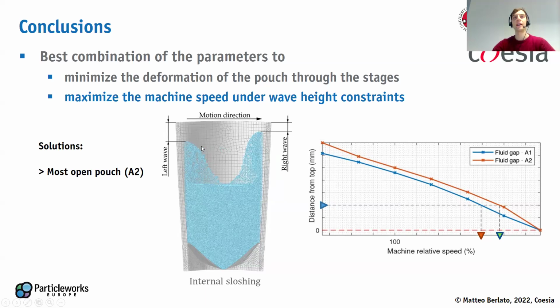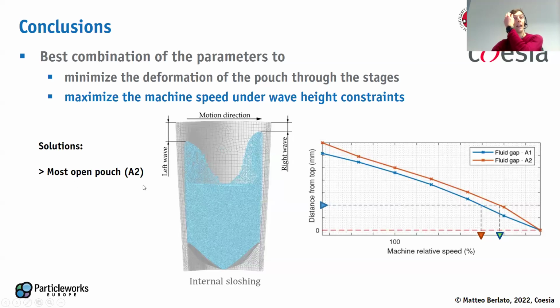So you see here the effect of the sloshing, and of course, we want to maximize the velocity of the filling, but at the same time guarantee that we don't have contamination there. So they could test different machine speeds and also different geometries, as mentioned.